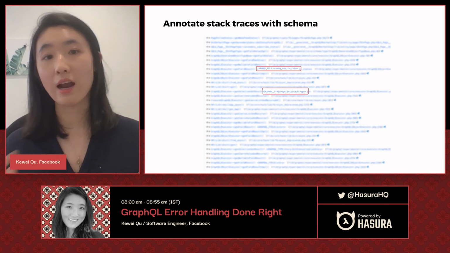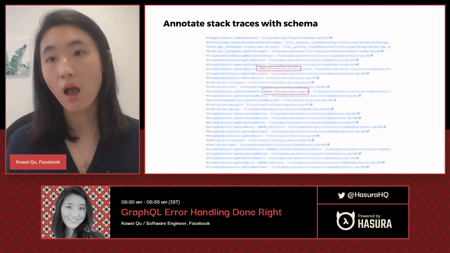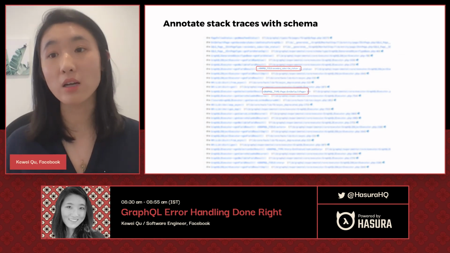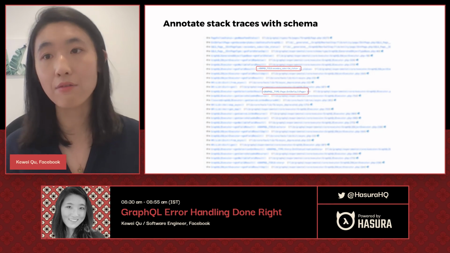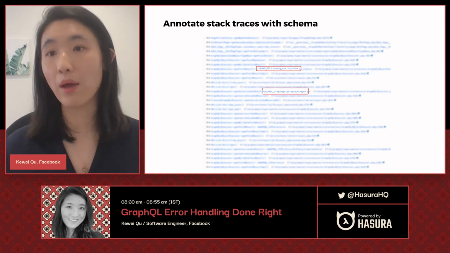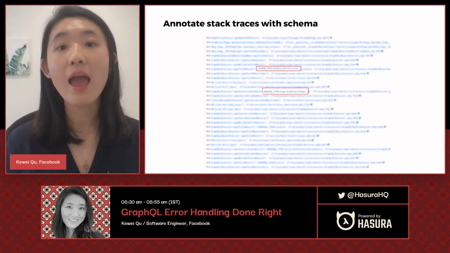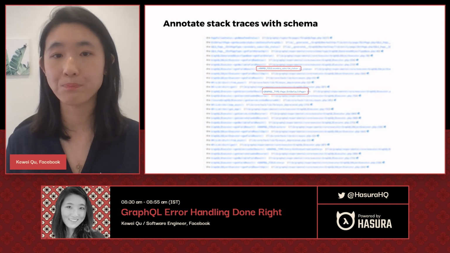For the functions that are actually executing a GraphQL field, we also annotate that. For some infrastructures, you may not be able to annotate the stack frames, but you are able to log something along the way about what is the current path that I'm executing and achieve a similar result.